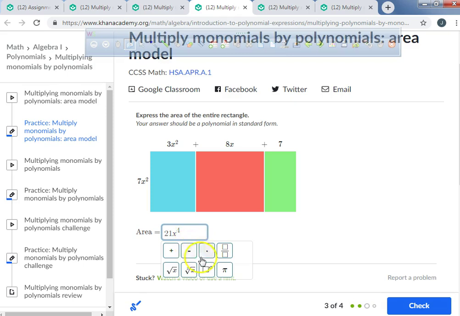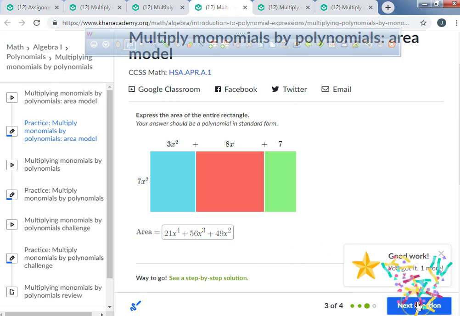And then it was plus 56, and we said x to the power of 3. And then we said plus 49, and we said that was x squared, right? There we go. See? It works.